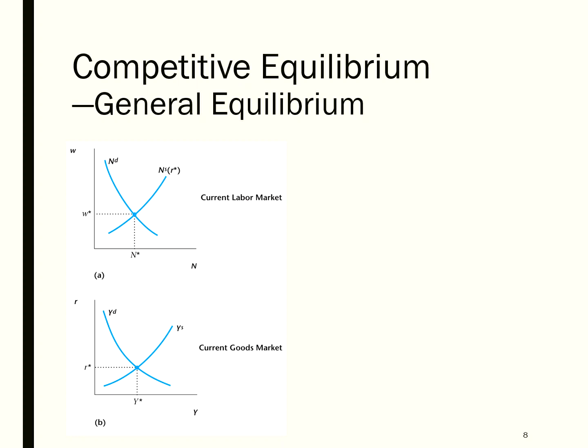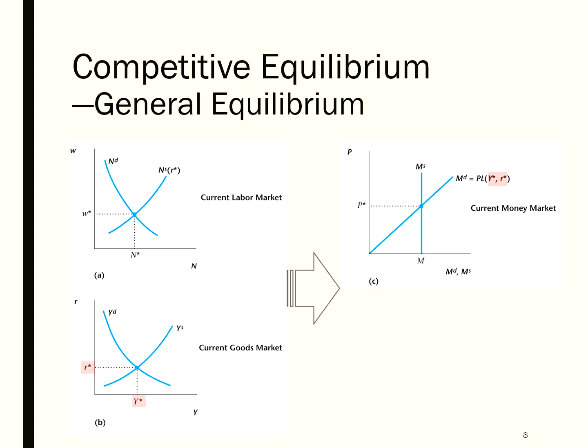So basically, these are both real sides of the economy. There is a supply and there is a demand, and they meet in the partial equilibrium. And we already derived the partial equilibrium in the money market as well.